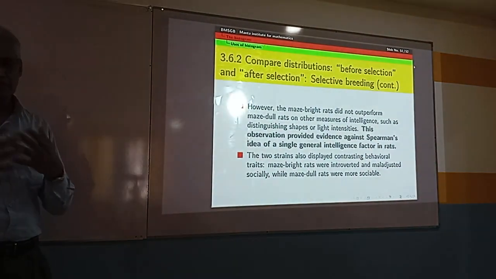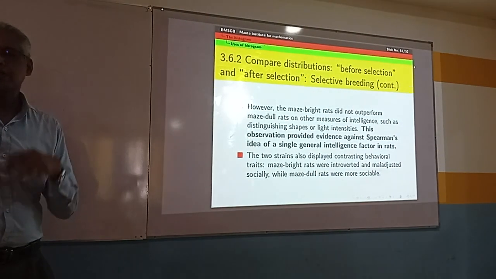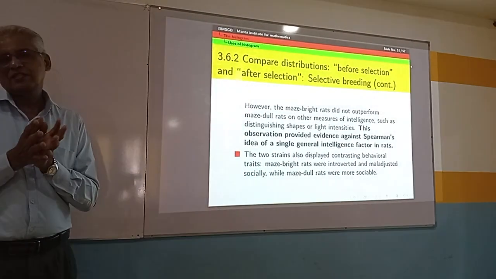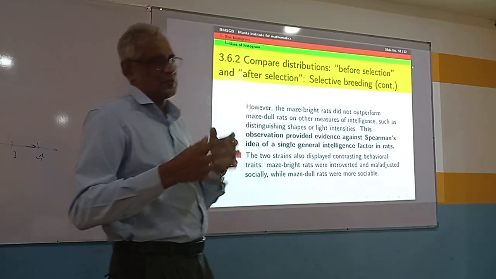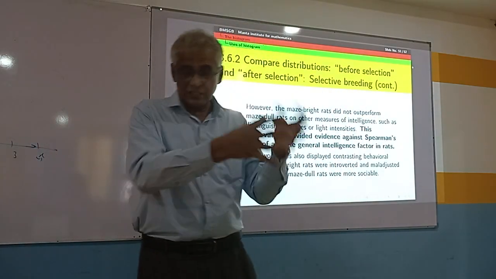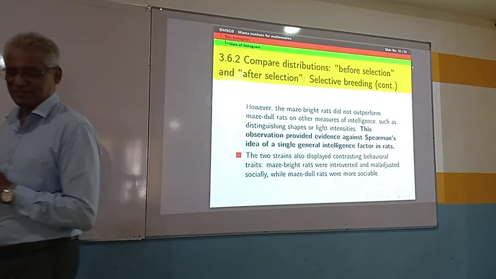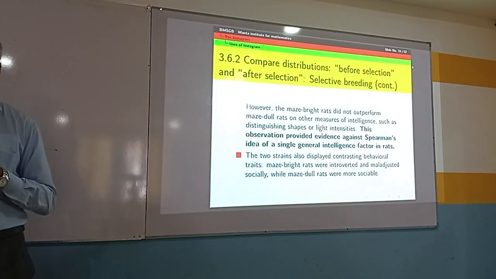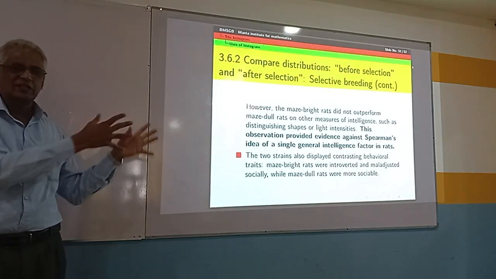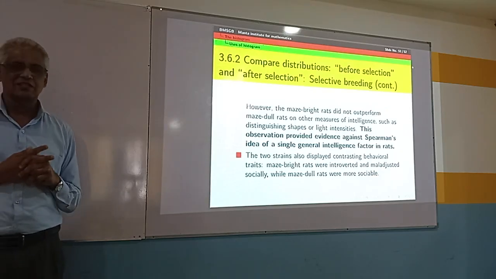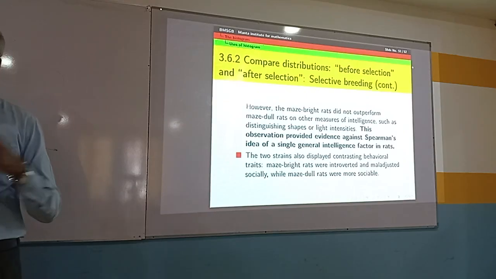But when they were doing that, what happened was not really creating a generally intelligent one, but of course with that breeding some other property developed as well. So some kind of genetic factor which is related to something not related to intelligence.